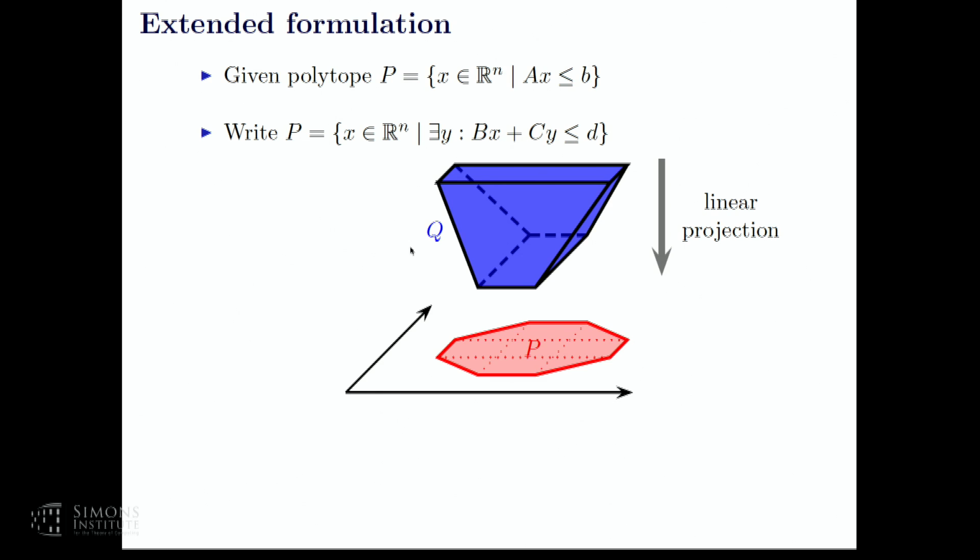Okay, so why should you go to some higher dimensional space? The idea is that there are many examples where the original polytope needs exponentially many constraints, but it's possible to go to some higher dimensional space and only use fewer inequalities. Let's say polynomially many inequalities. And the study of extension complexity is, by how much can you reduce the number of inequalities by going to some higher dimensional space?